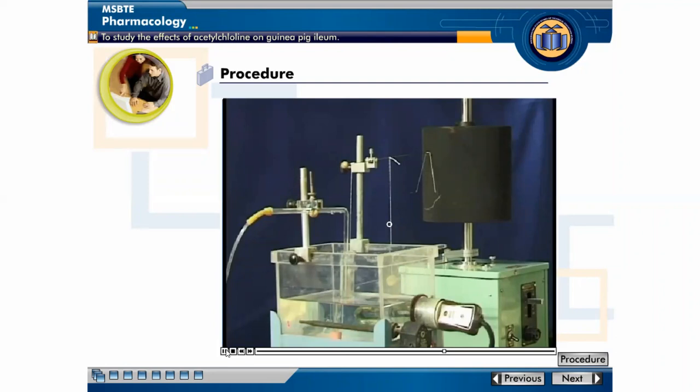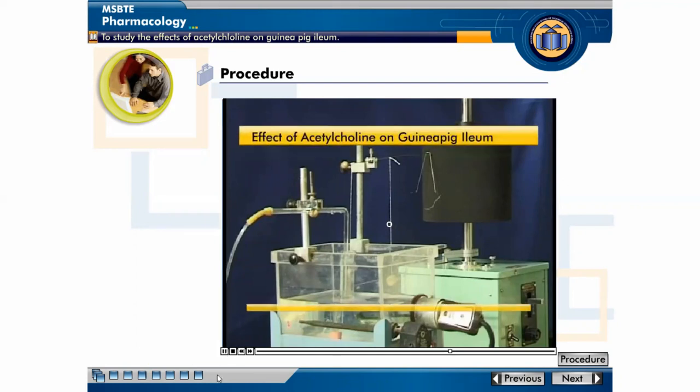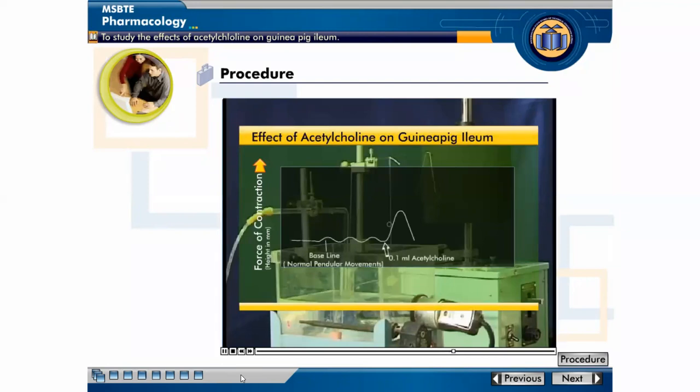Stop the drum and rapidly wash the preparation with fresh quantity of Tyrode solution. Allow relaxation of the contracted ileum in about 4 to 4.5 minutes. This completes one time cycle of recording in 5 minutes.